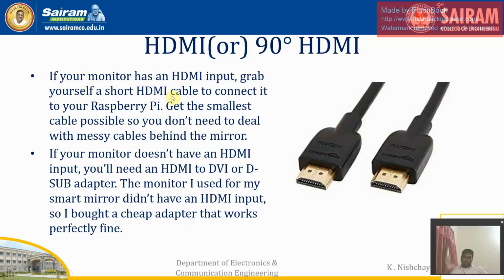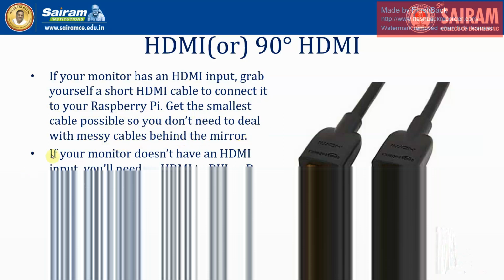We don't require a long cable, because it gets clumsy; most of the wires will be inside the smart mirror body. So take a short HDMI cable, connect it to the Raspberry Pi, and get the smallest cable possible, so you don't need to deal with messy cables. I told you, right, behind the mirror.